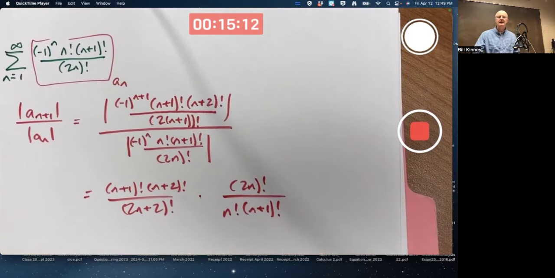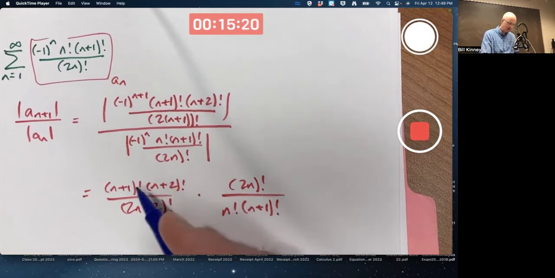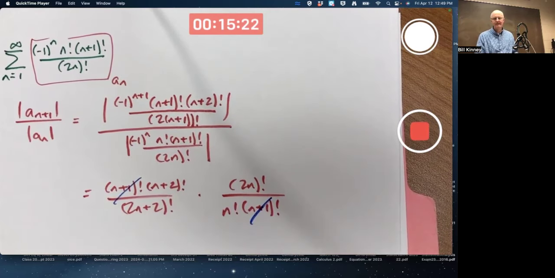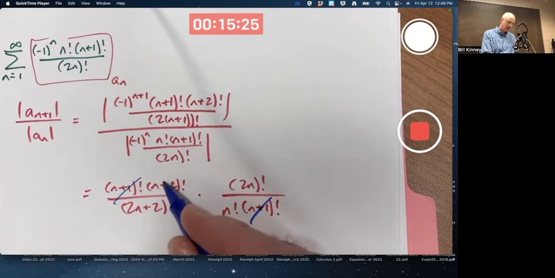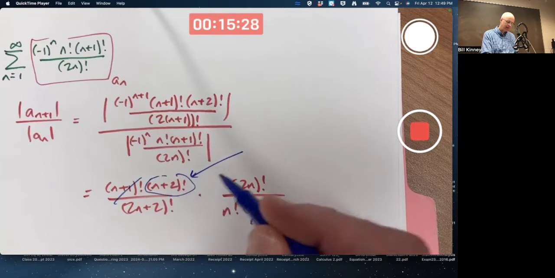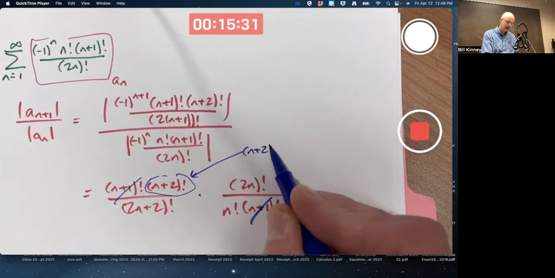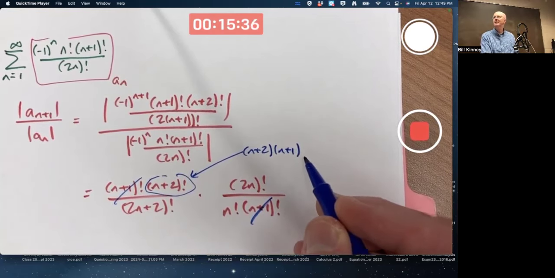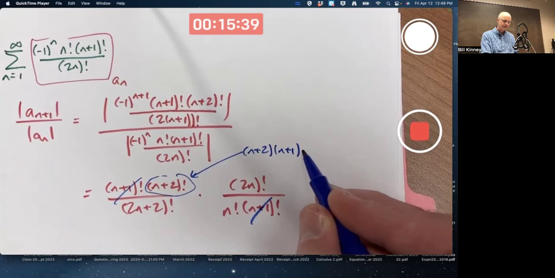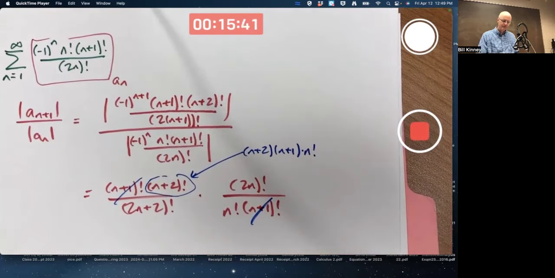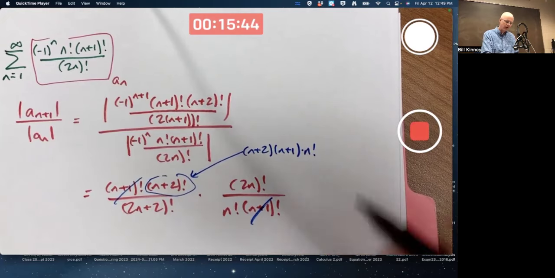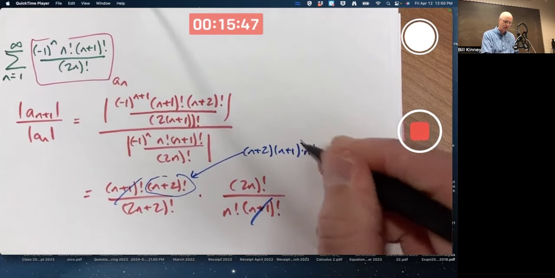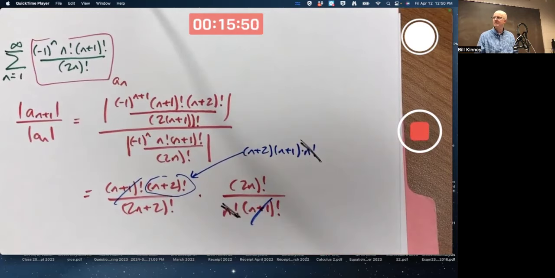All right. What's the limit of that as n goes to infinity? You can do some cancellation. You can actually cancel the n plus 1 factorials right away. Also, that thing right there is the same as n plus 2 times n plus 1 times n minus 1 times n minus 2, etc. In other words, times n factorial. And so that n factorial right there will cancel with this n factorial right there.